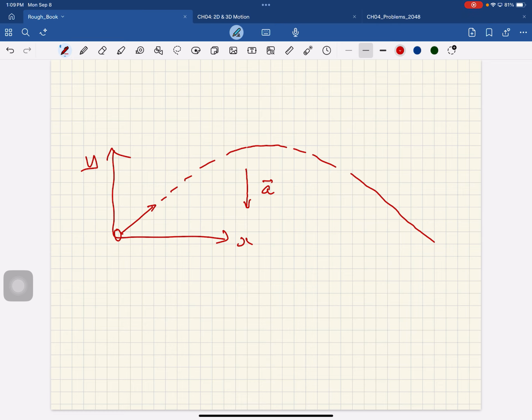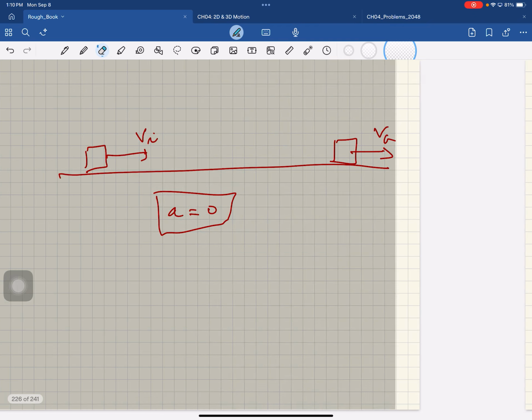Actually, let me do it this way: the xz plane. So the object will move in a plane; it won't move in the third dimension.